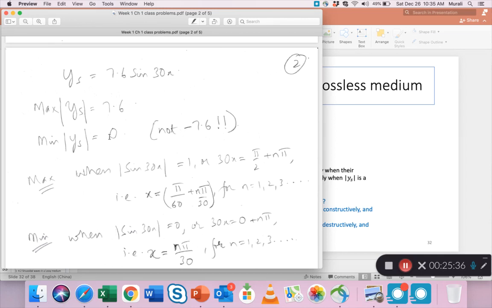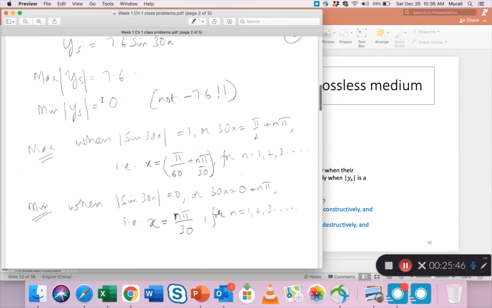The least value, the minimum, is actually 0, not minus 7.6 as I wrote it here. So the maximum was 7.6, the minimum was 0. And we can say that only because we are only being asked to find the magnitude, not the real value. So the maximum is when sine 30x equals 1.